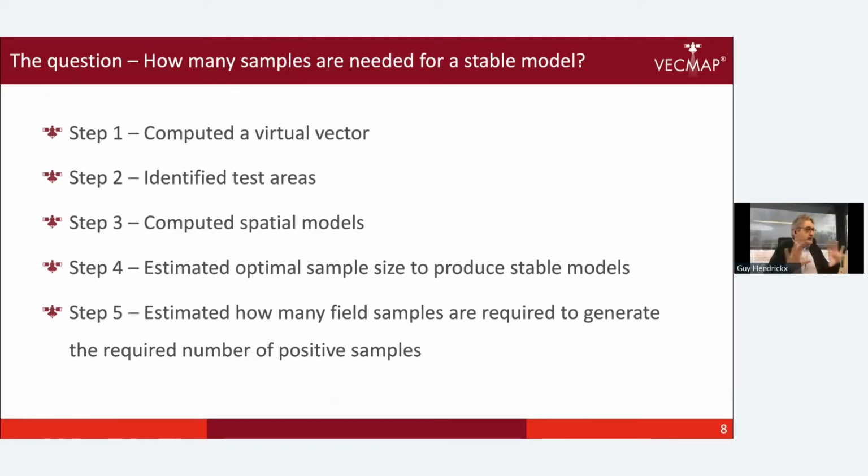So to avoid that problem, to avoid false negatives, being negatives which are not true, we generated a virtual vector. Then we identified some test areas, computed spatial models, and went to estimating the ideal sample size.